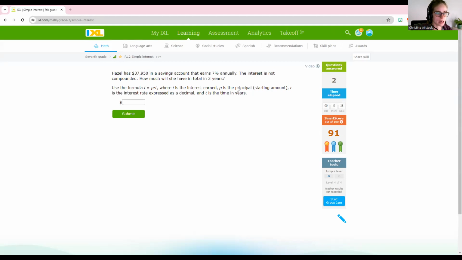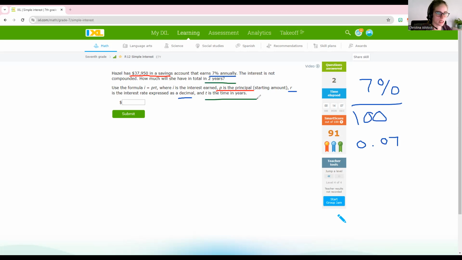Oh, we need our principal, which is the starting amount of money. This is how much she's starting with. And our rate as a decimal, well, our rate is 7%. We can turn that into a decimal by dividing by 100. And we have 0 and 7/100 for that. And our time is 2 years.